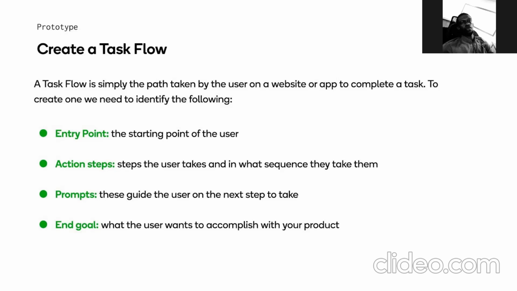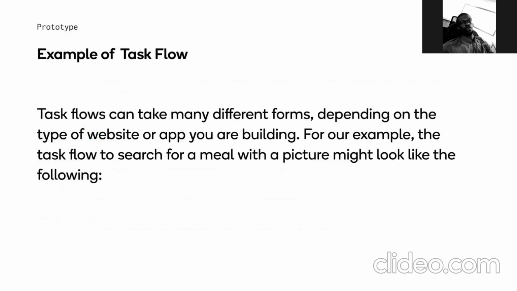The end goal is what the user wants to accomplish with your product. For the design comparison assignment, your end goal was to save a note. Okay. So, an example of a task flow. Task flows can take many different forms depending on the type of website or app you're building. So if you start researching and reading on your own, you're going to see variations of how task flows have been created.